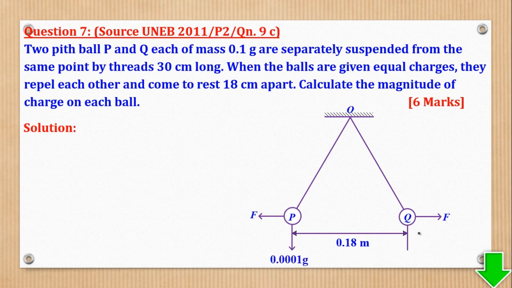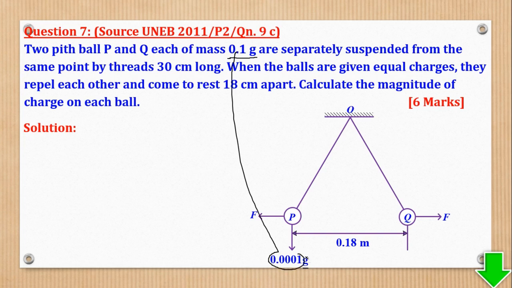The next is to show the weight. So the weight of this, remember it was grams. We have to change to newtons. You have to first convert to kilograms, then you multiply by g. So changing 0.1 gram to kilogram, I have to divide by 1,000 to give you 0.0001.